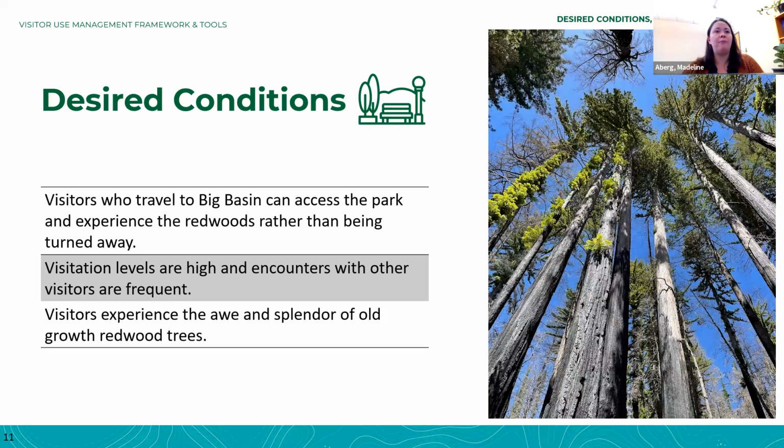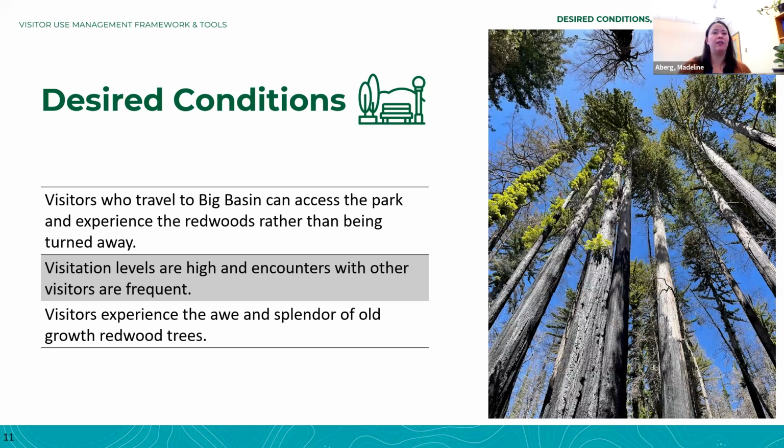The first is that visitors who travel to Big Basin can access the park and experience the redwoods rather than being turned away. The second is that visitation levels are high and encounters with other visitors are frequent. In this case, we were working within the main day use area.